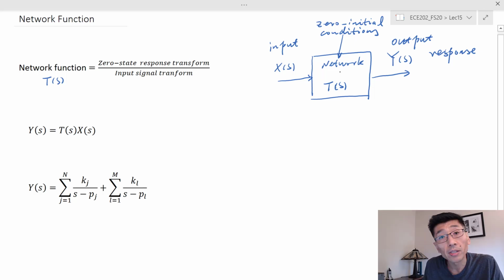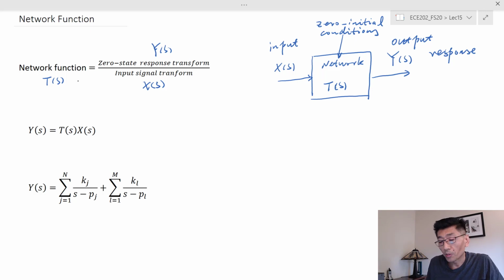If the network has zero initial conditions, that means all the inductor currents and the capacitor voltages at t equal to 0 are all zeros. The output in this case is Y(s), and this is X(s). Basically the network function is a ratio between Y(s) and X(s), right?